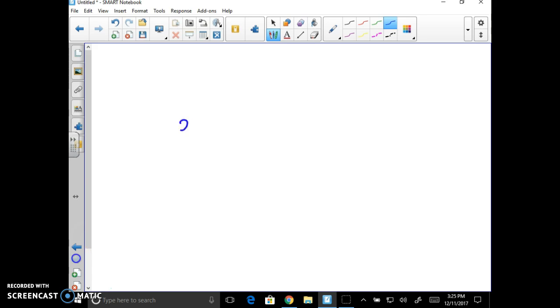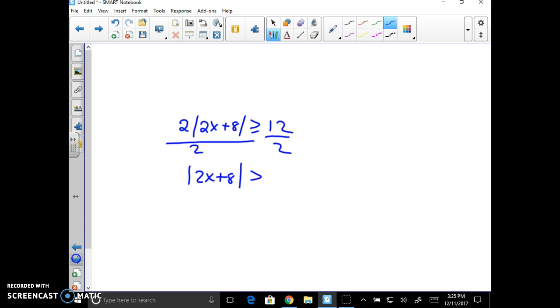All right, so it says 2 times the absolute value of 2x plus 8 greater than or equal to 12. Can't make your two cases until you get the absolute value by itself. 2x plus 8 greater than or equal to 6. Make your two cases.